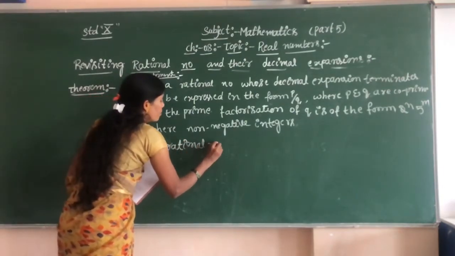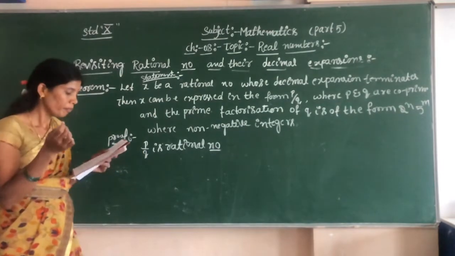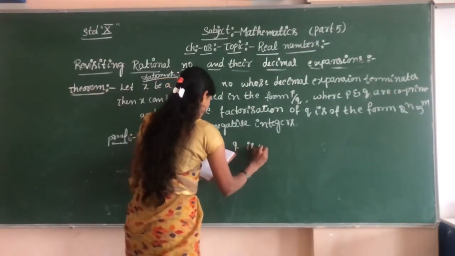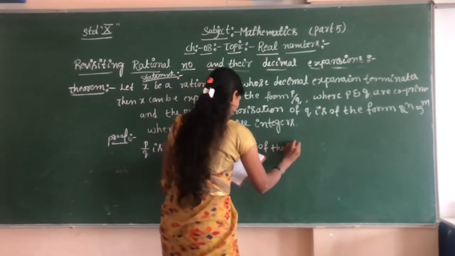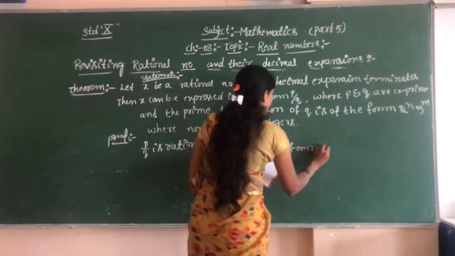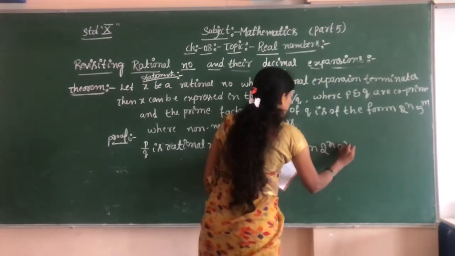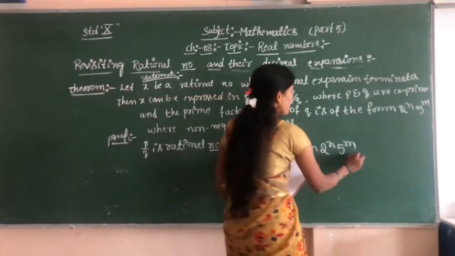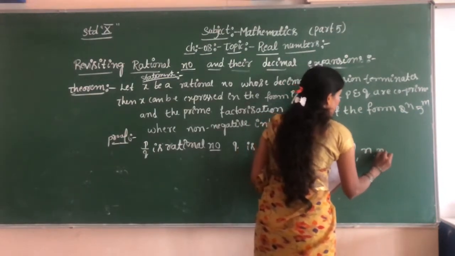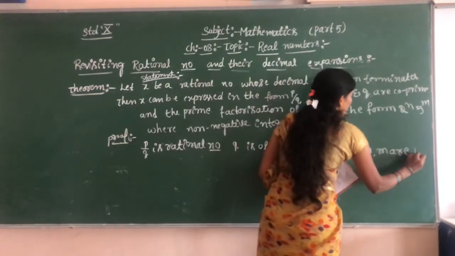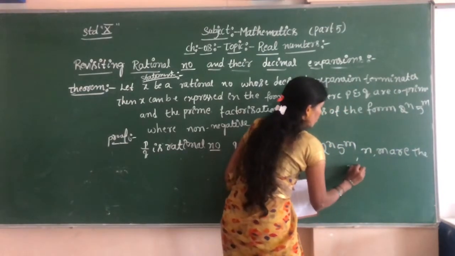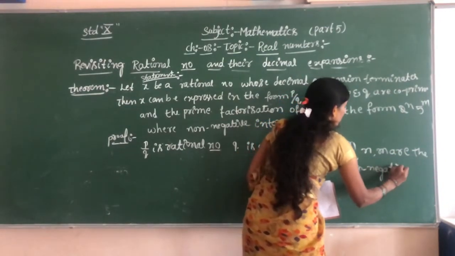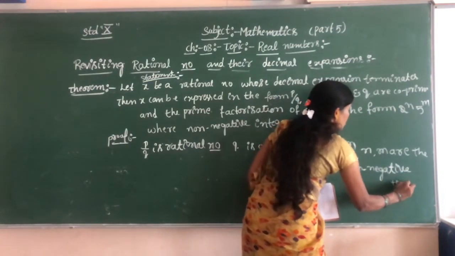Okay, and q is of the form 2 to the power of n and 5 to the power of m. n and m are the non-negative terms.